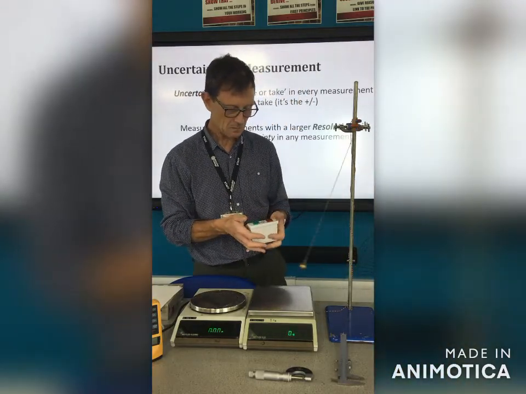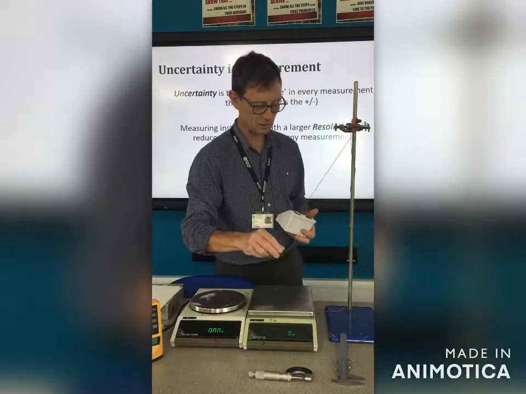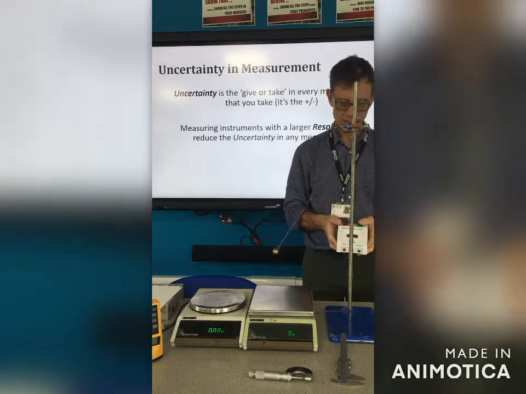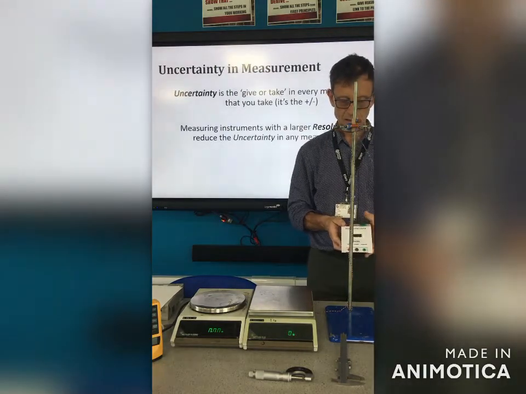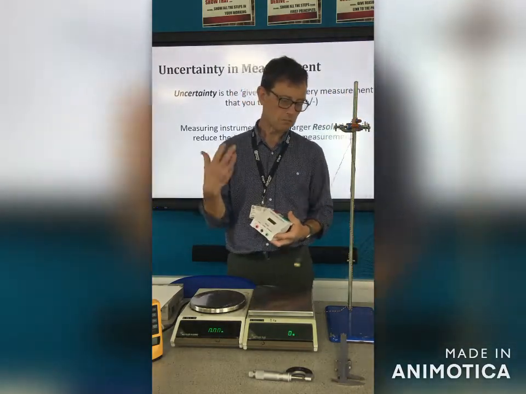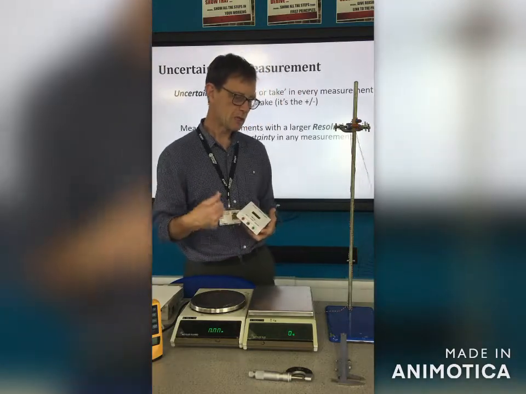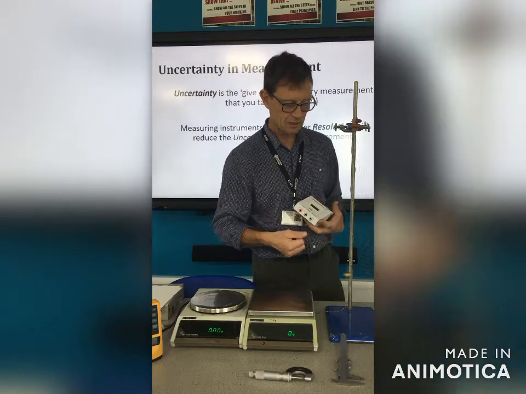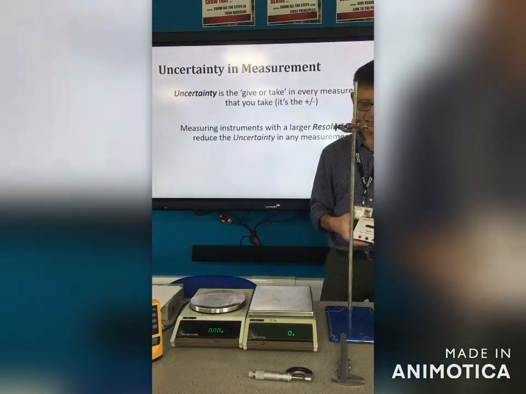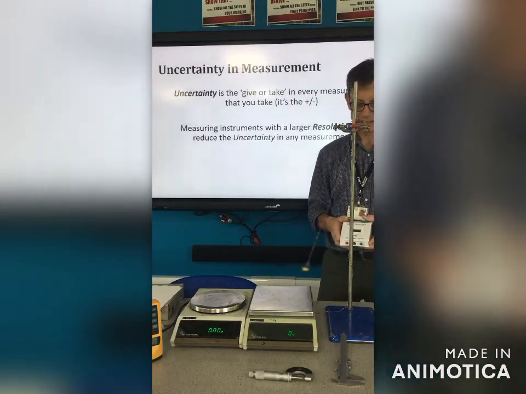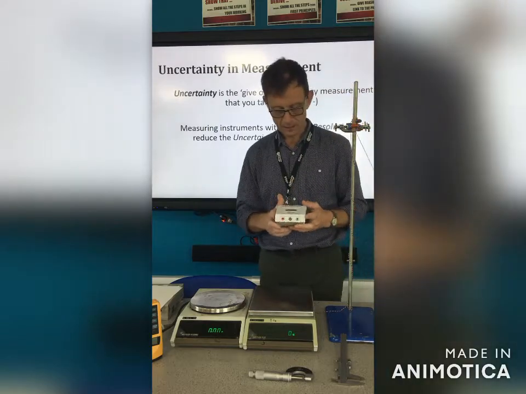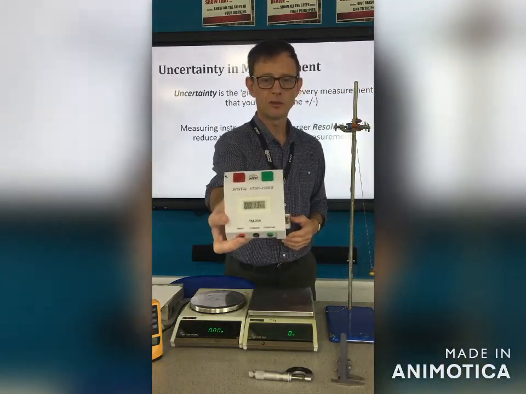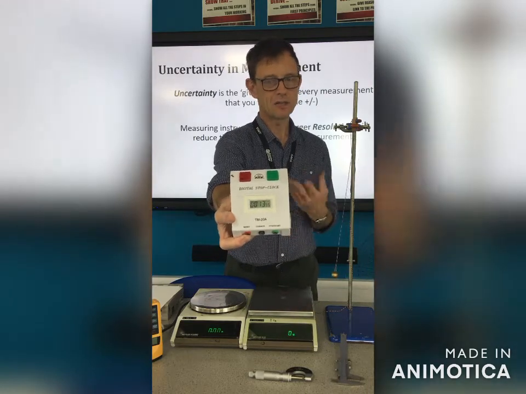So if I make that swing more cleanly, if I start it now and count them, 1, 2, 3, 4, 5, 6, 7, 8, 9, 10, then what I've got, 13.55 is the time for 10 swings.